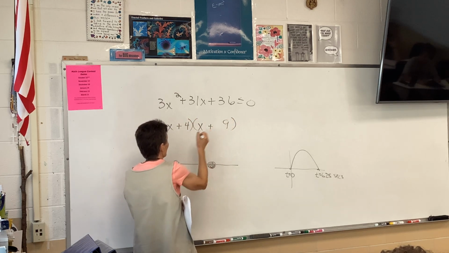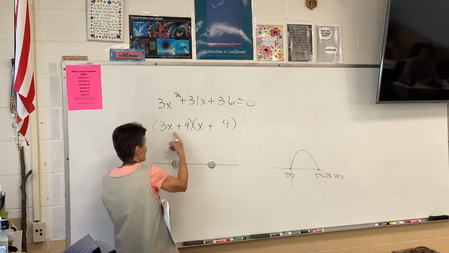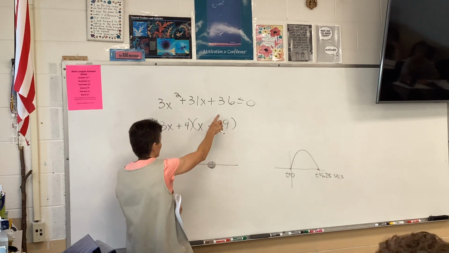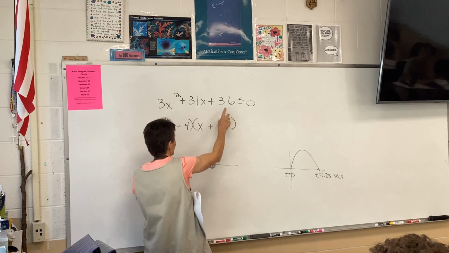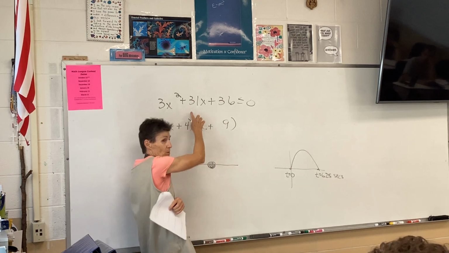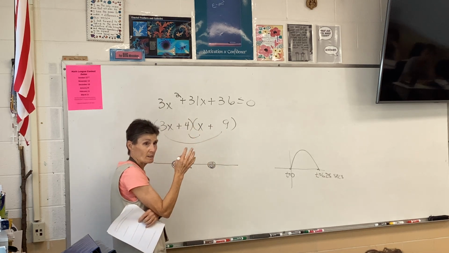So remember, I'm just thinking about the foiling. In the front, I have to have 3x and x. There's no choice there. The back has lots of choices. I know it's got to be kind of big, but I didn't need a big number because 31 is big. I'm going to add up to 31.